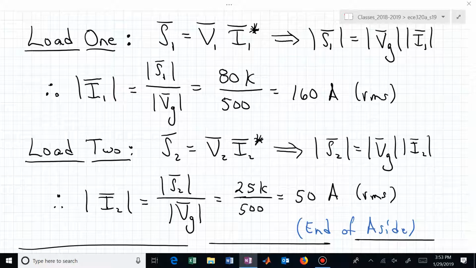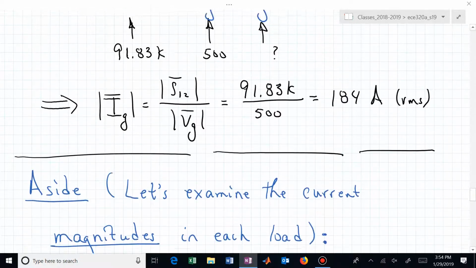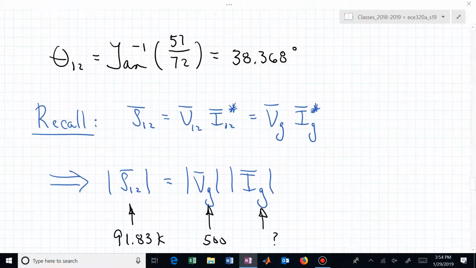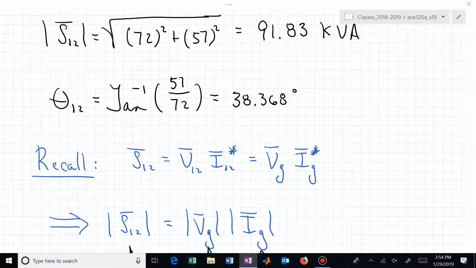Question? Would the phases be different for I1 and I2? So now the question was, will the phases be different for I1 and I2? Anybody want to answer that? Are they the same impedance?